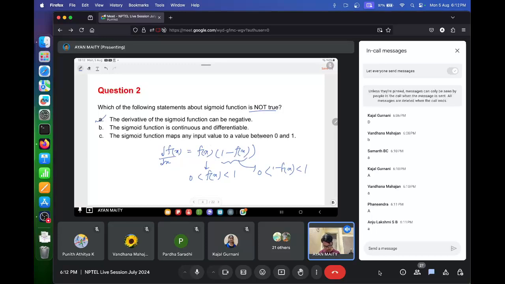So both the factors of this derivative range from 0 to 1, so the derivative can never be negative.